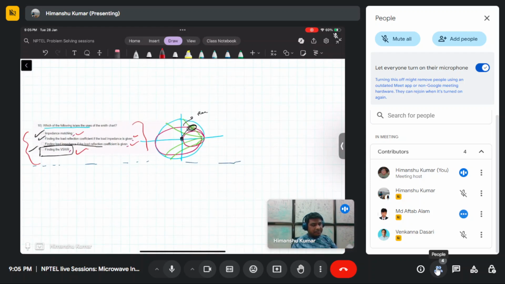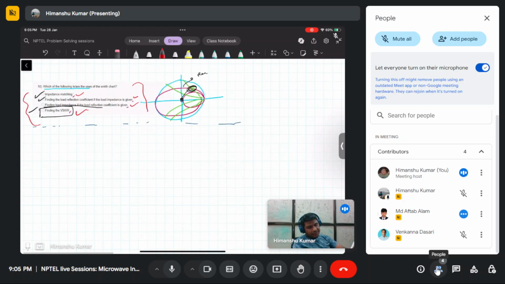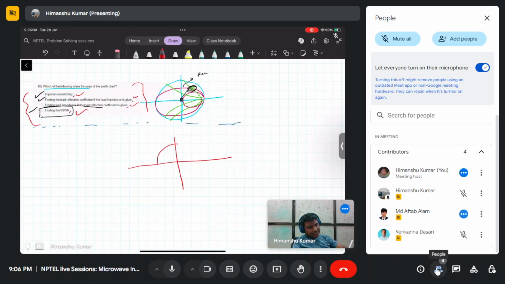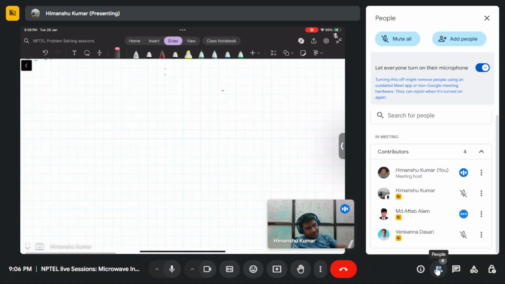At what location does impedance matching take place? Okay, so let me draw it clearly. This is the chart.